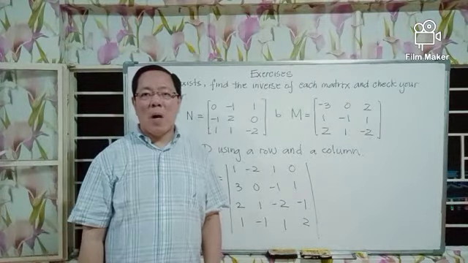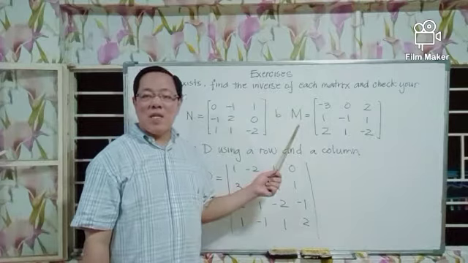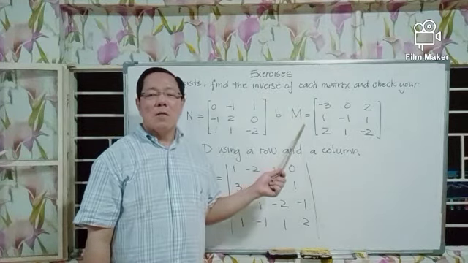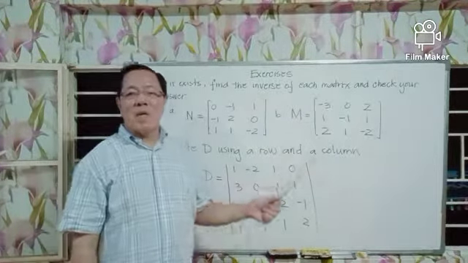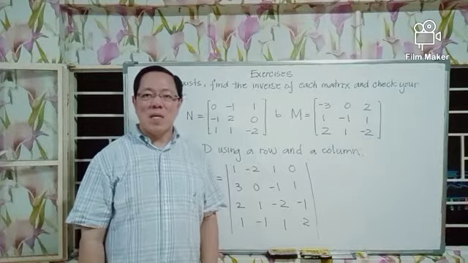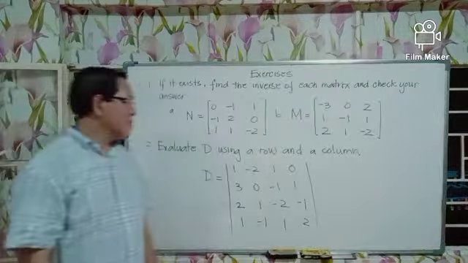Also for letter B, to check, multiply the matrix M by its inverse if it exists, denoted by M to the minus 1. And for A and B, if your inverse matrix is correct, the product should be the identity matrix of size 3 by 3.